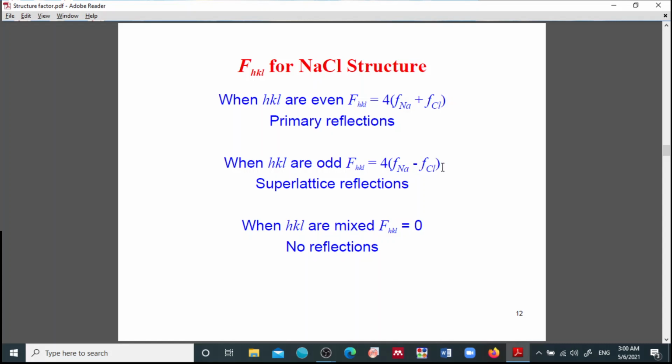Superlattice reflections are the reflections that happen within the primary reflections. Like if you have 2 big spots in an electron diffraction pattern, and within the big spots you get, suppose, 1 or 2 or 3 minor spots, then these minor spots are called superlattice reflections. These are superlattice reflections for this expression.